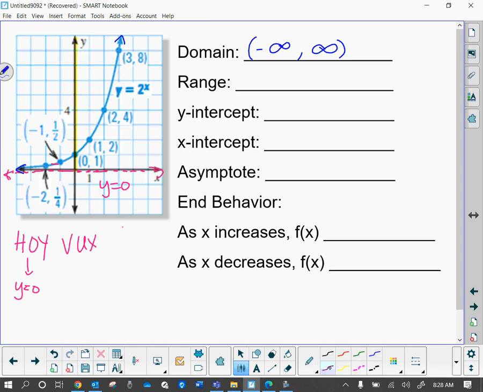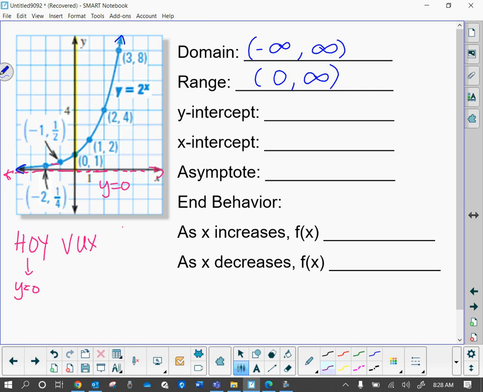So the range is 0 to infinity. Because that graph approaches that line y equals 0 and never touches it, you cannot include the number 0. That's why I use the parentheses, not bracket.